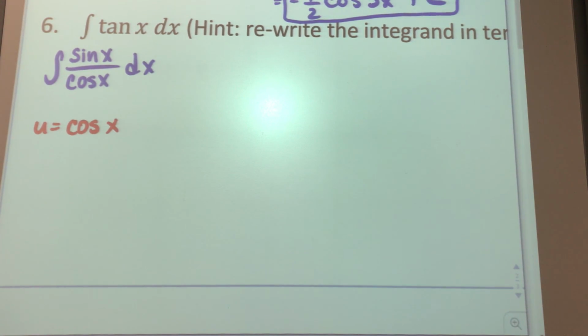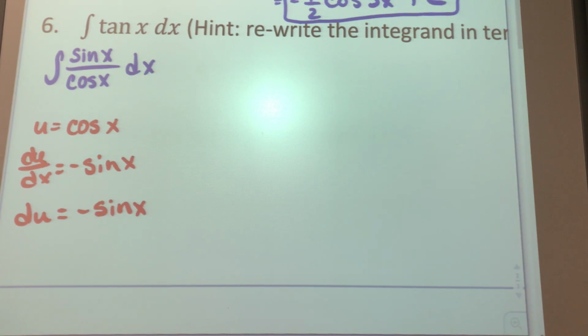And I'm not going to tell you it's always that way because there definitely are times when it's not. But in this case, u is going to be cosine of x. So du over dx is going to be negative sine of x. And du is going to be negative sine of x dx.